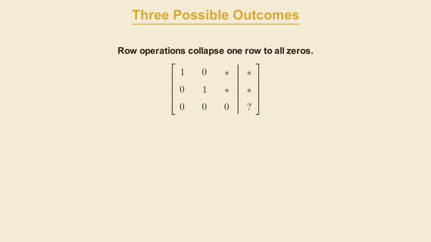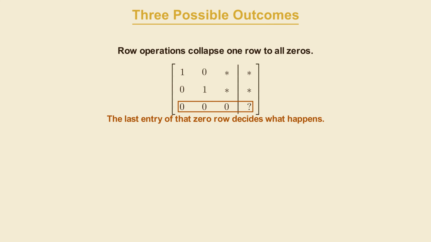So when we run our row operations on the matrix whose columns are linearly dependent, one of the rows will end up collapsing down to all zeros. And what sits in the rightmost column of that zero row decides what's happening next. In the first case, suppose that the zero row also has a 0 in the rightmost column. So you get a row that reads 0, 0, 0, 0. That row represents the equation 0 equals 0, and that equation is true, but it tells us nothing.